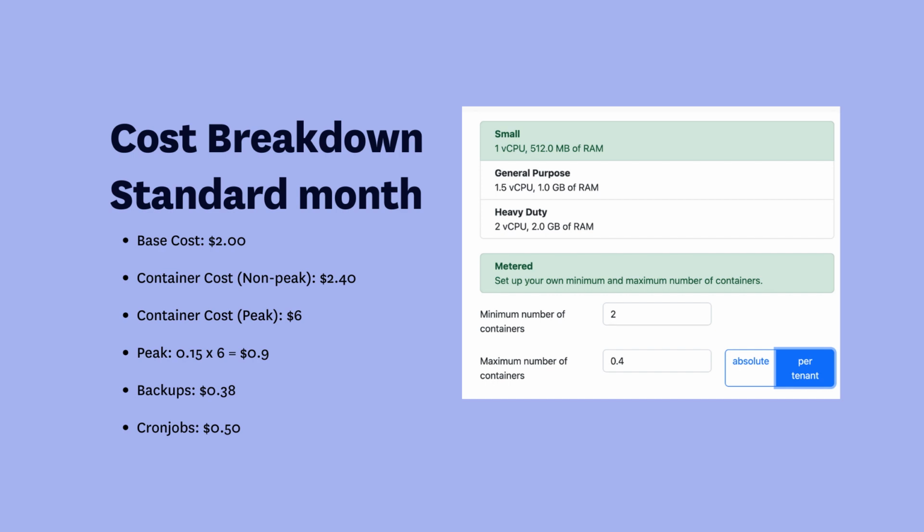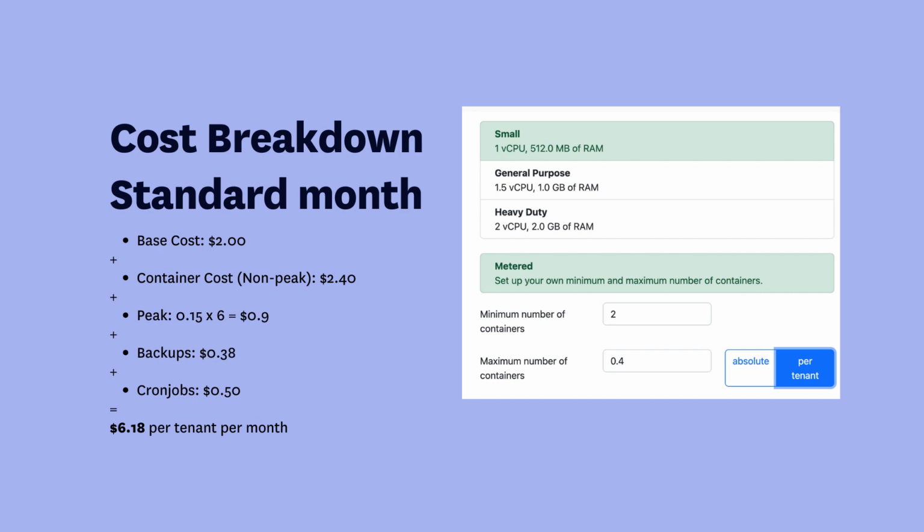Now, the peak cost is basically the maximum number of containers that we've set as the maximum, and then divided by our estimate of the peak traffic. So in this case, it's $6 times 0.15, which results in $0.9. Then we mentioned we have weekly backups, which result in 38 cents per tenant per month, and then the cron jobs, and these are 50 cents if you want to run them every 15 minutes.